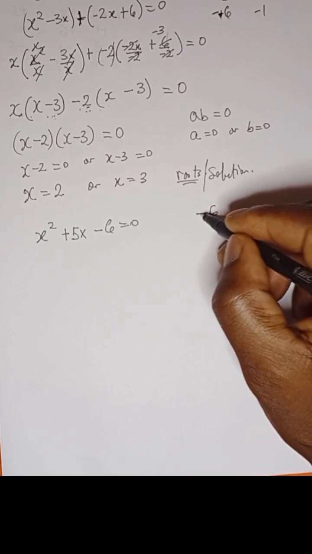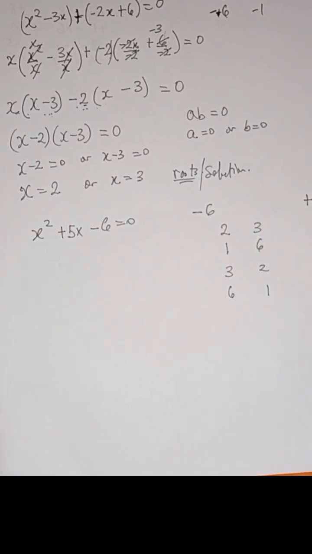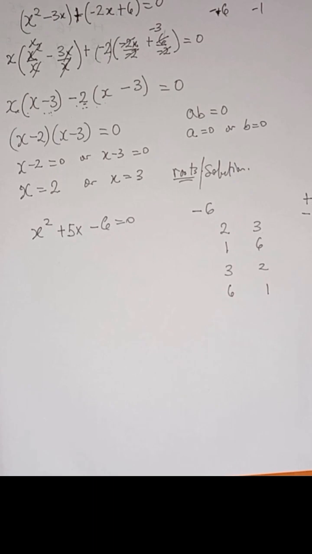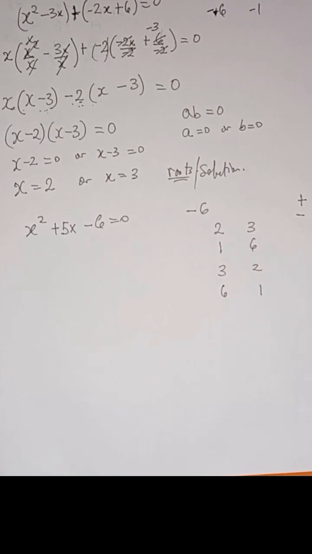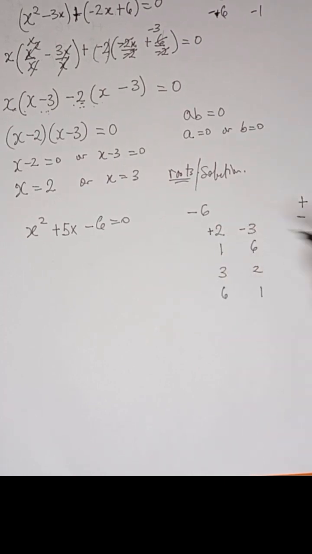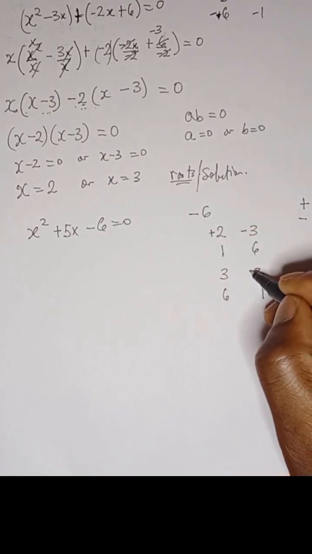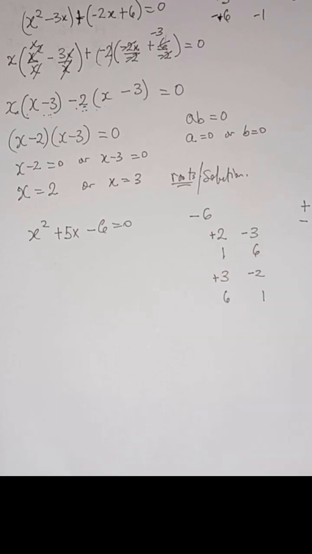Now because it's carrying a negative, one of my factors will carry a positive and the other a negative, because when I multiply a positive and a negative number together, I will always have a negative. So either I have minus times plus or plus times minus to give me minus. If I have 2 and 3, it could be plus 2 minus 3 or minus 2 plus 3.